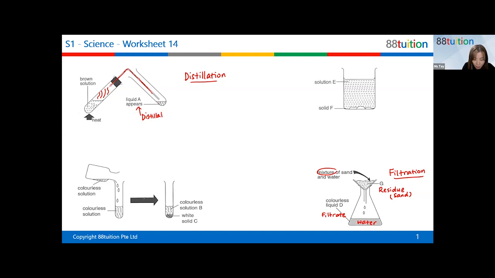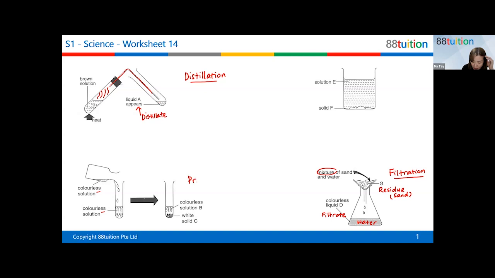I want to tell you about the other two experimental setups. The one at the bottom left over here is a process where you see a colorless solution added to another colorless solution, and after that, a white solid appears.